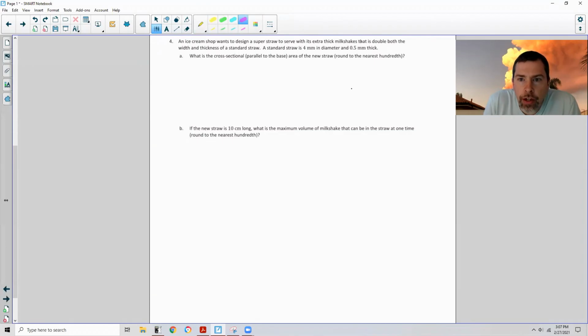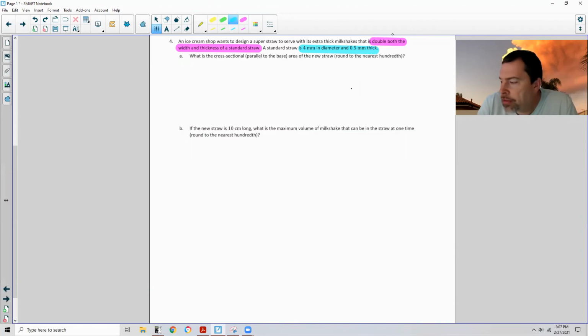That is double both the width and thickness of the standard straw. And the standard straw is 4 millimeters in diameter and 0.5 millimeter thick. What is the cross section parallel to the base area of the new straw? Round your answer to the nearest hundredth.